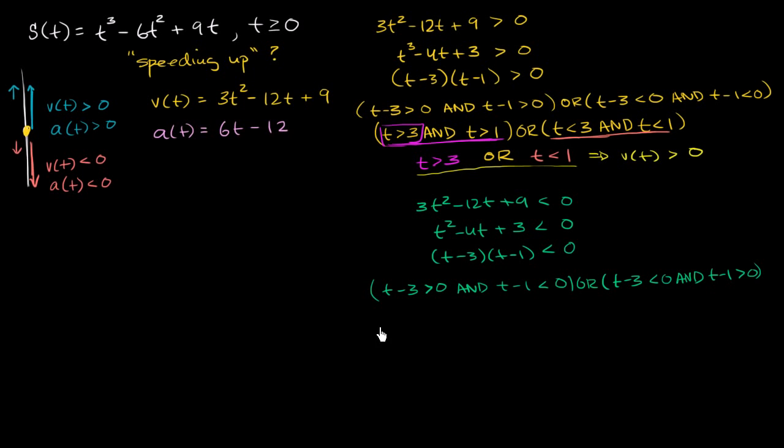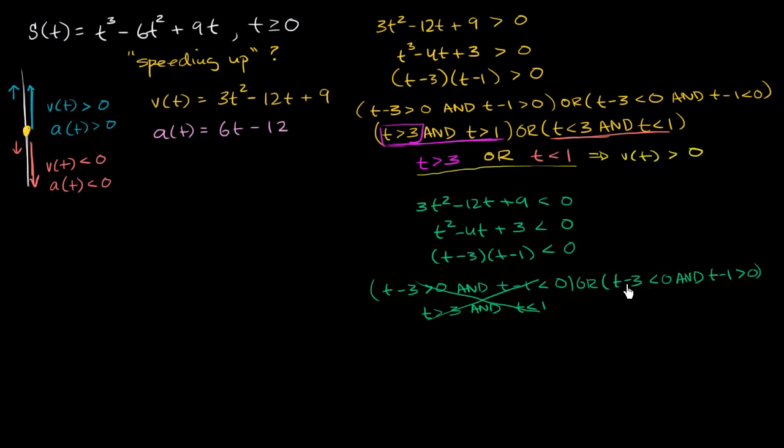They have to be different signs. Add 3 to both sides here, you get t is greater than 3 and t is less than 1. Well, that's impossible. Something can't be greater than 3 and less than 1. So there's no t for which that clause is true.